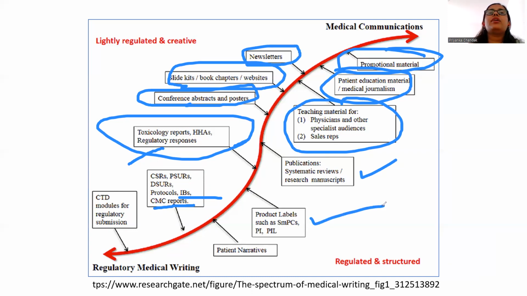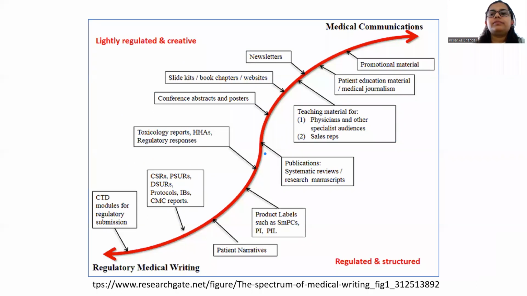And product labels, this is also very important, like product information, patient information leaflet. And SmPC, means summary of product characteristics, and patient narratives. So these are all small things, but very important in medical writing and medical communication.